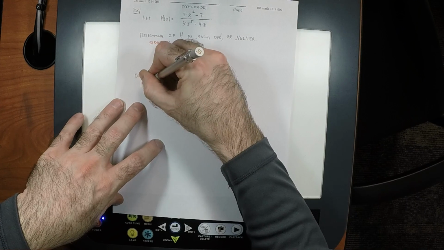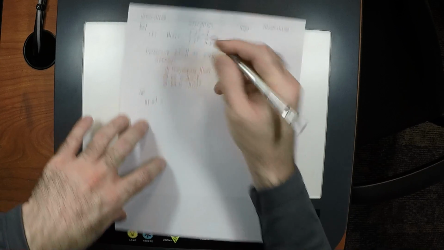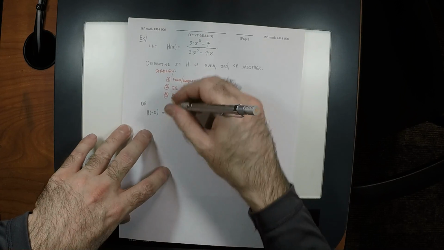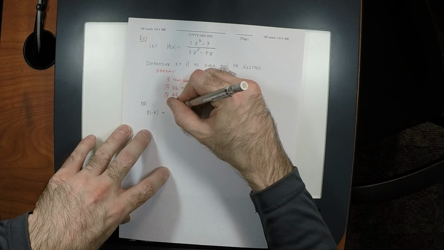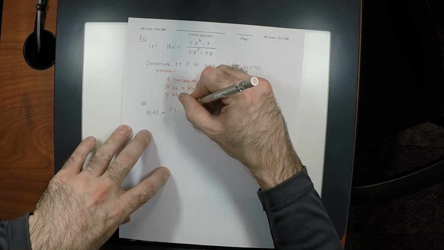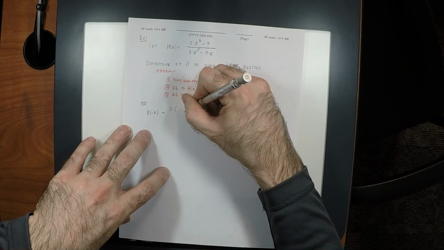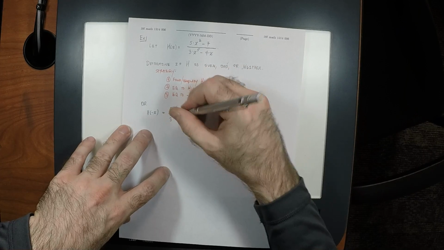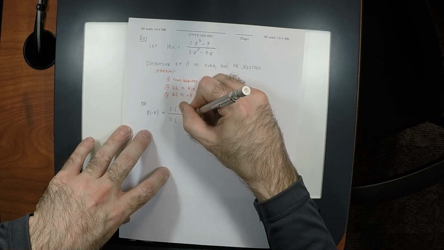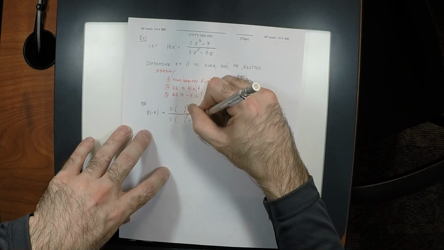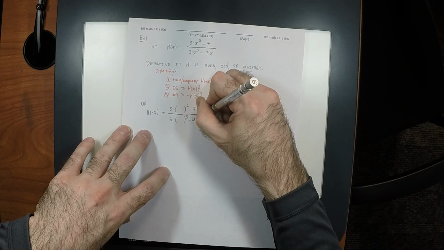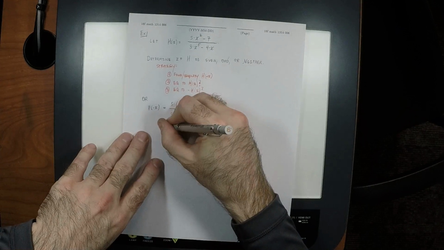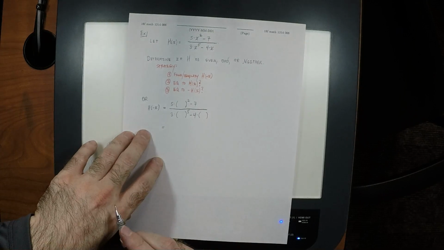So h of negative x. The strategy here is I'll look at the formula for h, and everywhere that I see an x, I'm just going to leave an open set of parentheses, because I'm substituting stuff in. All those open spots are where I need to write stuff.